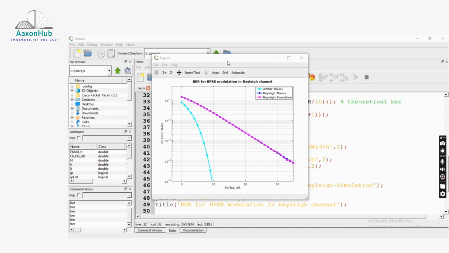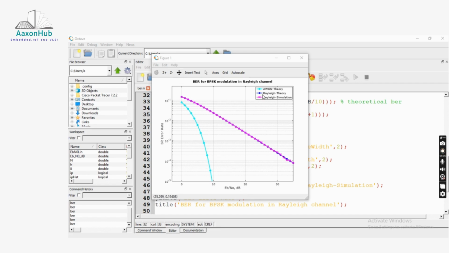As per this graph, the pink color is the Rayleigh simulation, and the AWGN is in the sea blue color. This shows the best case performance, where BER decreases exponentially with increase in SNR, right? This is the baseline for performance in an ideal, no fading scenario.